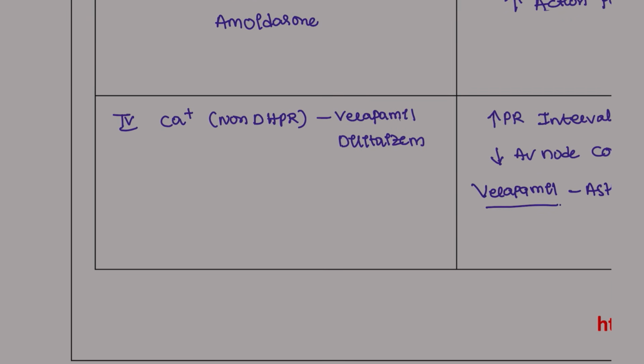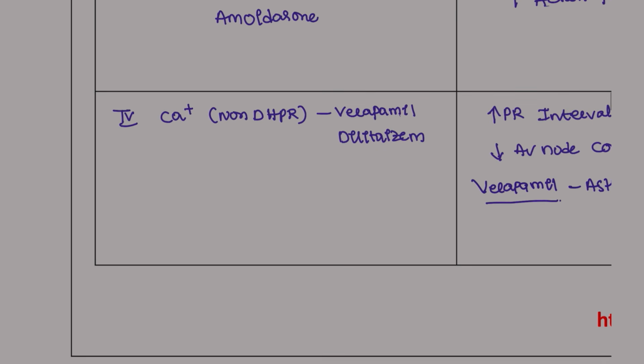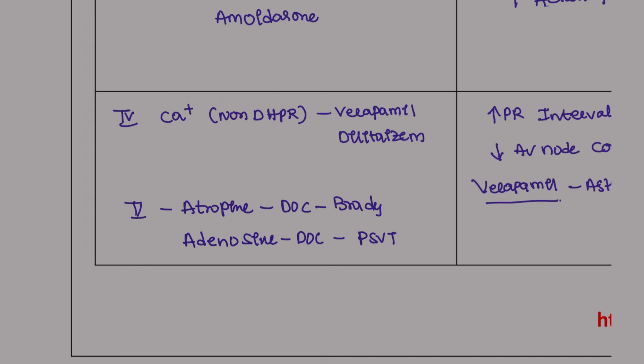Next, class 5, we have different drugs like atropine, MgSO4, adenosine. So for class 5 drugs, atropine is the drug of choice for bradycardia, right? Next, adenosine is the drug of choice for patients suffering from PSVT.